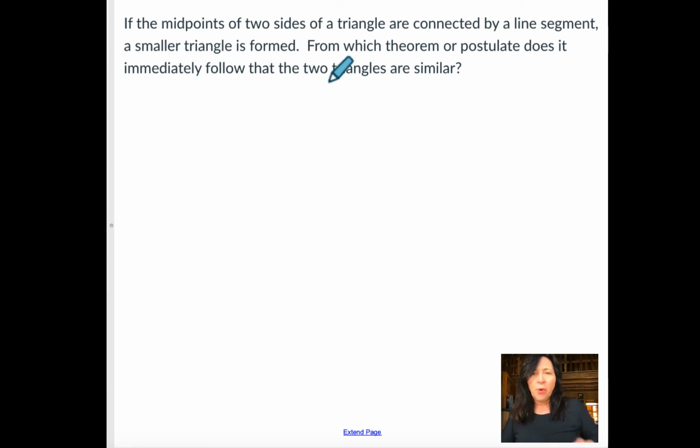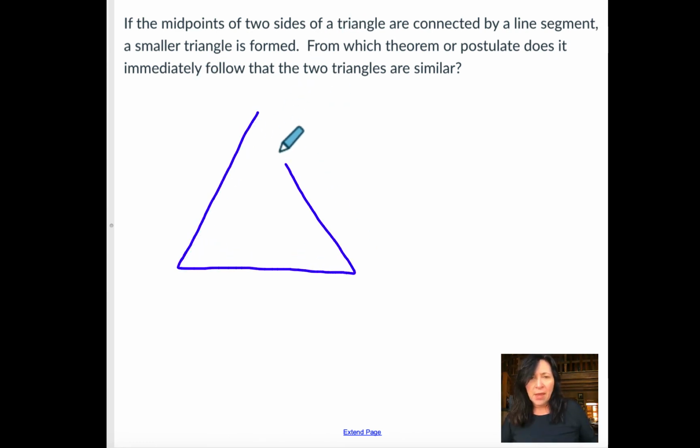Okay, the midpoints of two sides of a triangle are connected. So here's our triangle. If the midpoints here and here are connected by a line segment, a smaller triangle is formed. Which theorem or postulate immediately shows that the two triangles are similar? It has to be angle similarity, because once you have the mid-segment connected, it's parallel to the base.